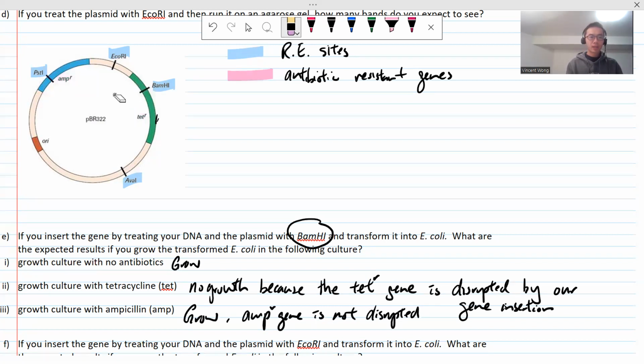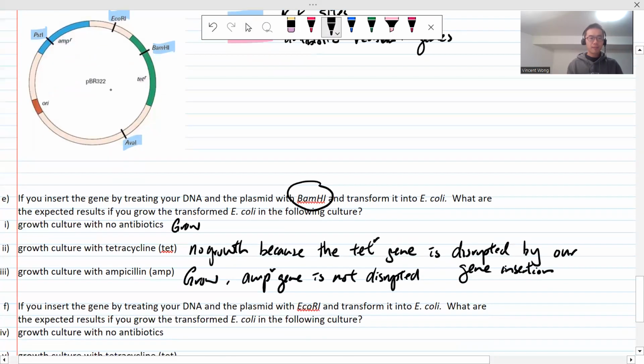Now, very quickly, let's try another one here. If you insert the gene, it's the exact same situation, but this time we use EcoR1. So if you use EcoR1, the gene's going to go right here, right? That will not be disrupting the ampicillin. They will not be disrupting the tetracycline resistant gene.